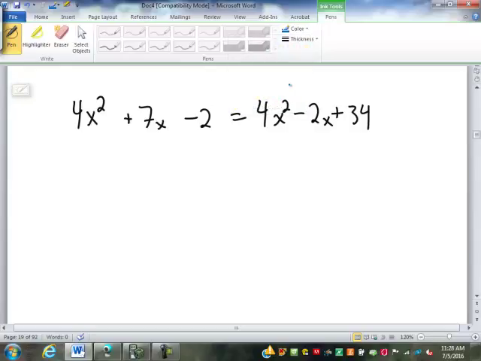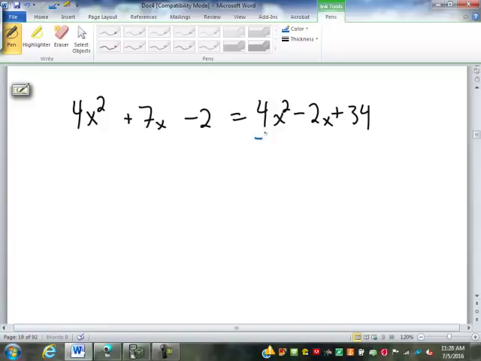Now looking at this, there's an initial panic. We have not solved equations with x squared in it before. Fortunately, in this equation, it works out that we don't have to, because we have variables on each side. We need to get rid of them, or get rid of one side of them at least.